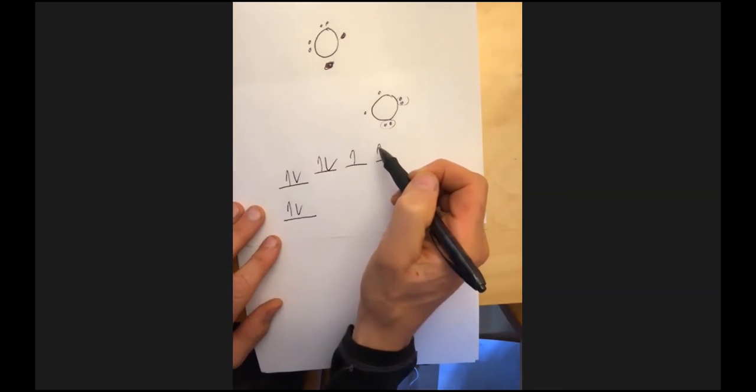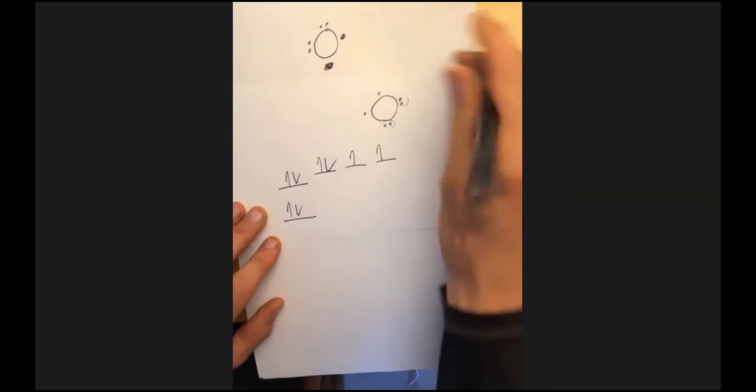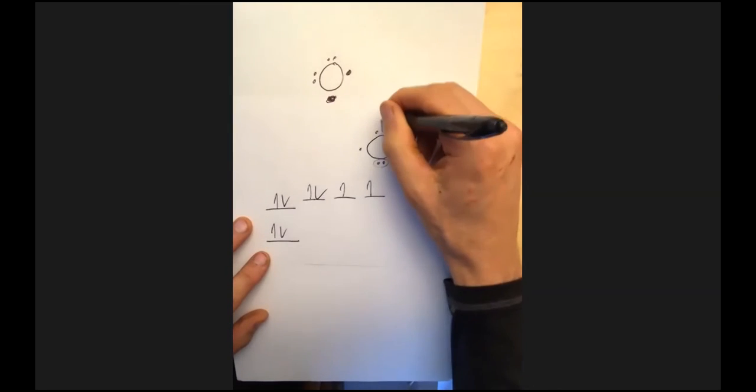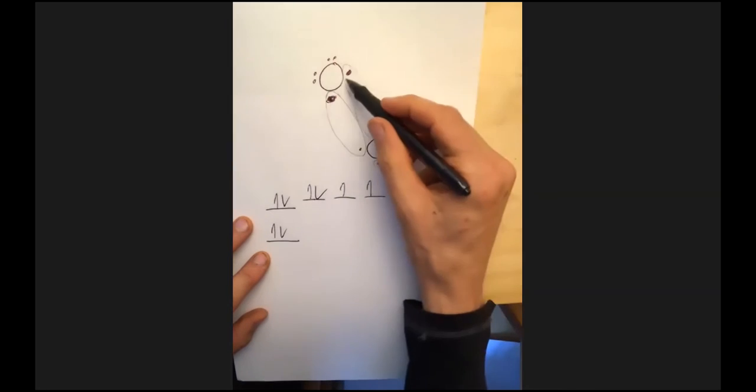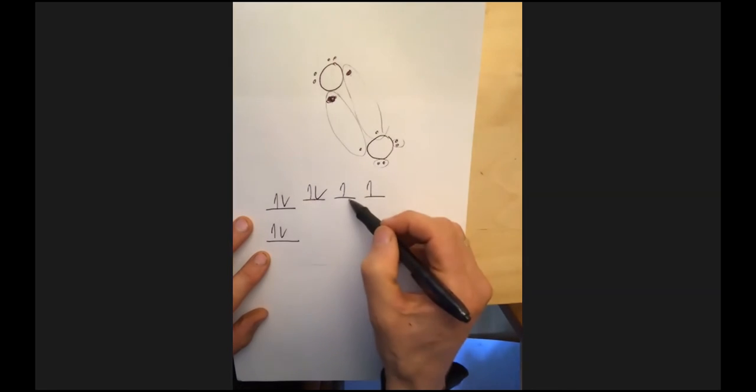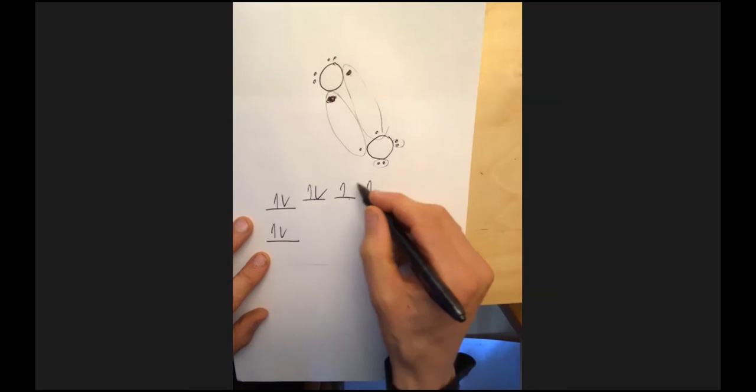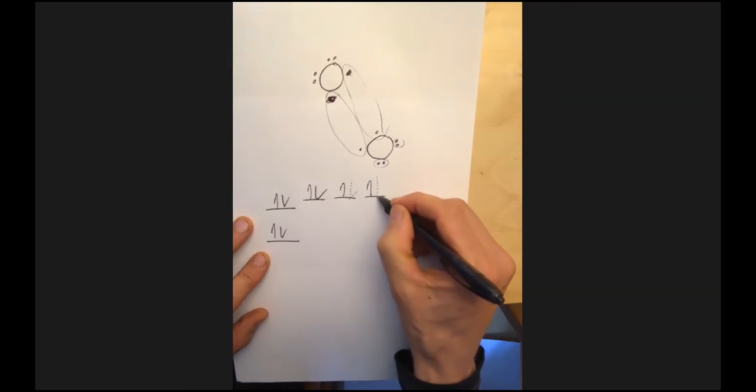Well, it's very easy to imagine that if I share these electrons in my oxygen, I've now brought these two electrons in close to these outer orbitals. I'm going to draw it as a dotted line in there for now.